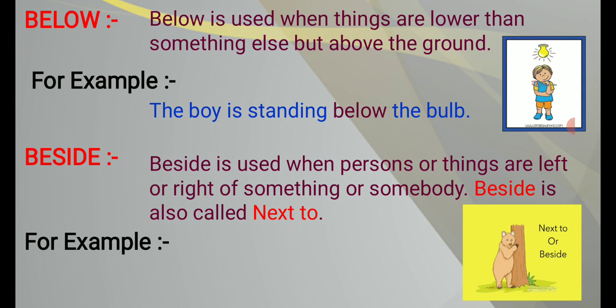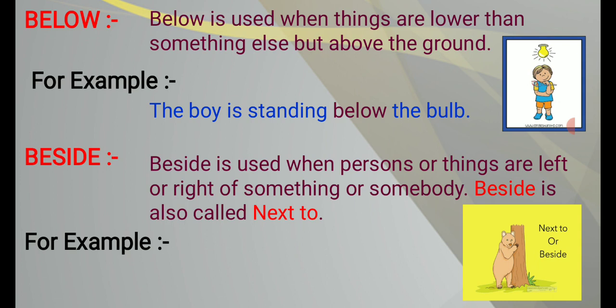Look at the picture. The bear is there and it is standing next to the tree trunk, right? So what can we see here in the picture? The bear and the log or the tree trunk both are touching on one side. At that time we use beside.